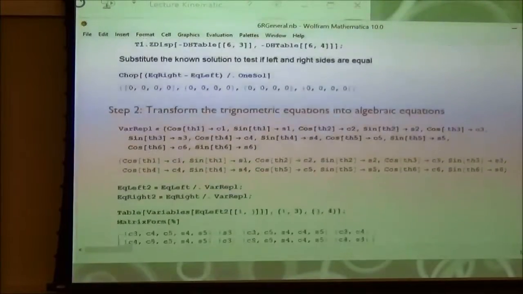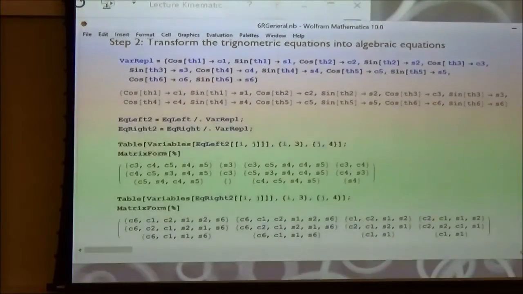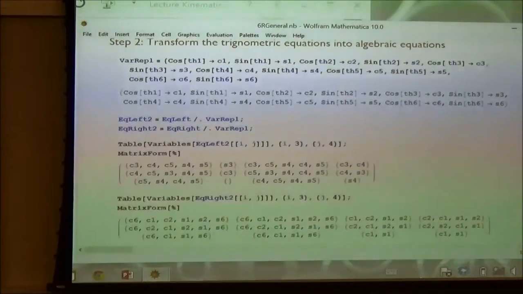So it's Mathematica. You have to replace this using C1 and S1 and things like that. I can manipulate the matrix. So I then have this left and right.